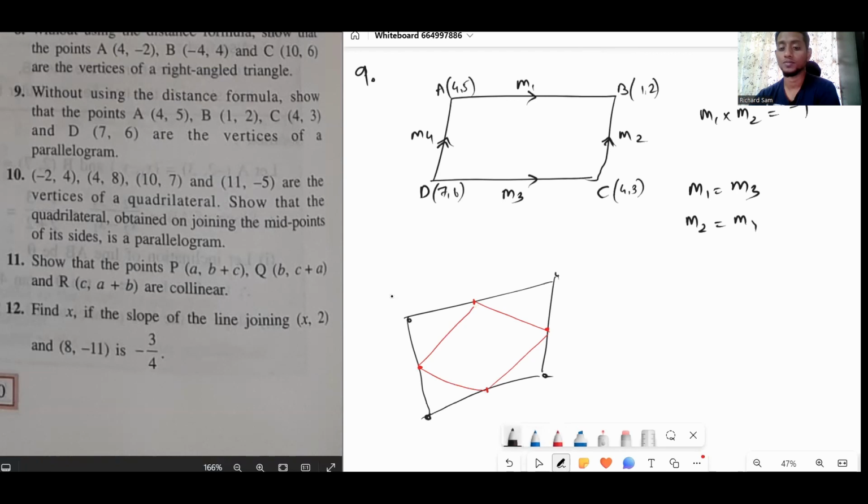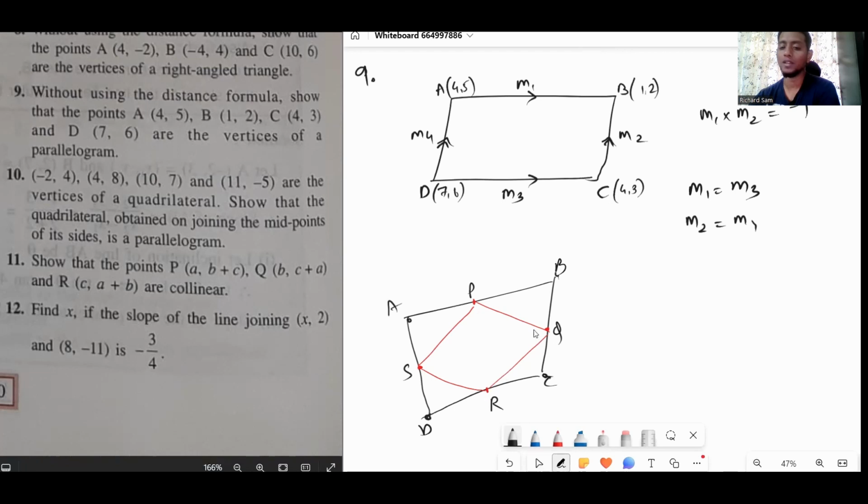First, find the midpoints of each of them. Midpoint of AB using midpoint formula, you'll get this. We'll call it P. Then find the midpoint of BC. We'll call that Q. Then find the midpoint of DC. We'll call that R. And then find the midpoint of AD. We'll call it S.